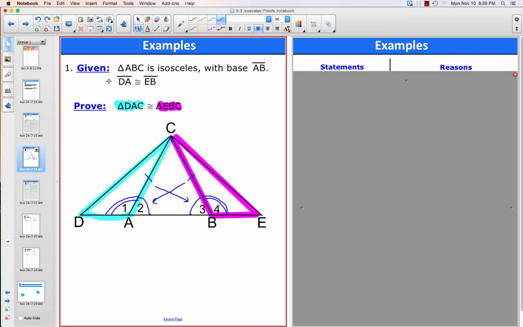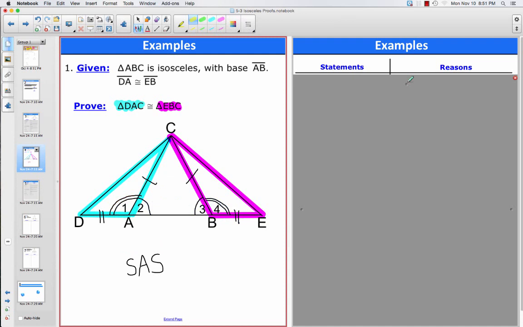And then after that, we're told that DA is congruent to EB, and now we have enough information. The triangles are congruent by side, angle, side. So that would be the side, angle, side method.